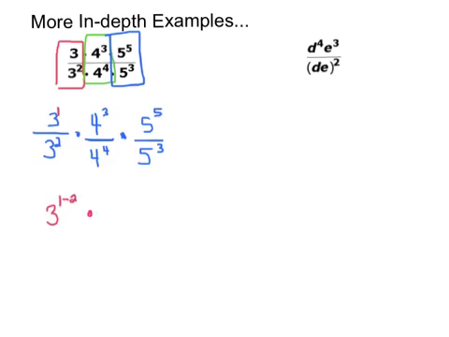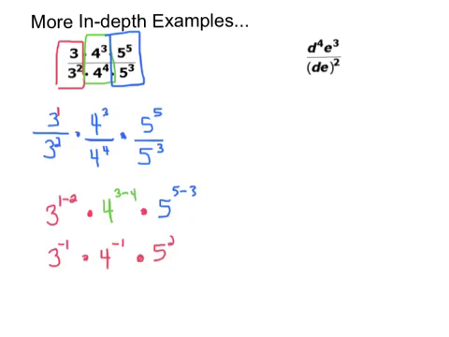And then we take that and we multiply it by the next one, which our base is 4 to the 3 minus 4, top minus the bottom, and then multiply that by 5 to the power of 5 minus 3, which is going to give us the following. 3 to the negative 1 power times 4 to the negative 1 power times 5 to the power of 2.